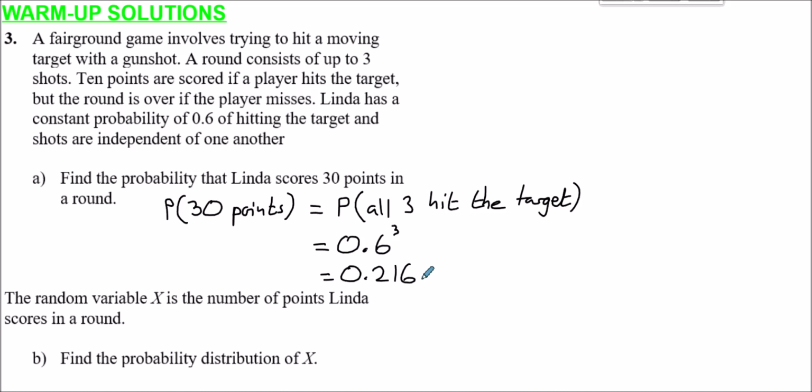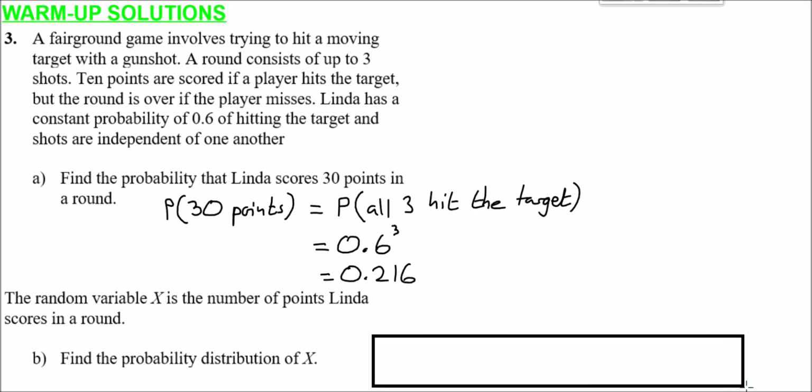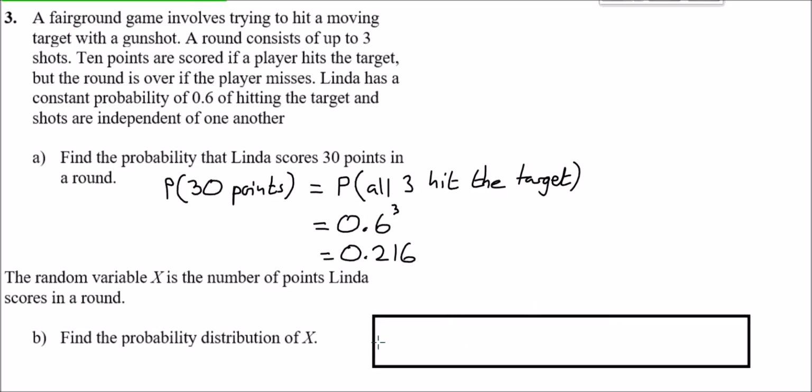For b, we need to find the complete probability distribution of X. And so what we need to do here is to draw up a table. So I'll just do one here quickly. With this table, we need to be thinking about the probabilities of getting 0 hits, 1 hit, 2, 3, and how that can be done each time.